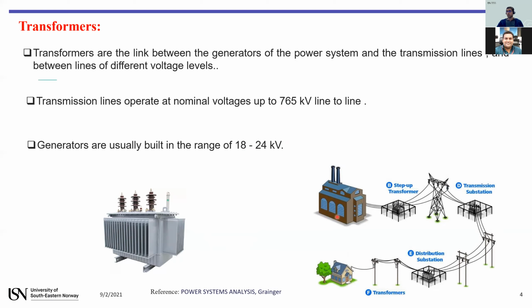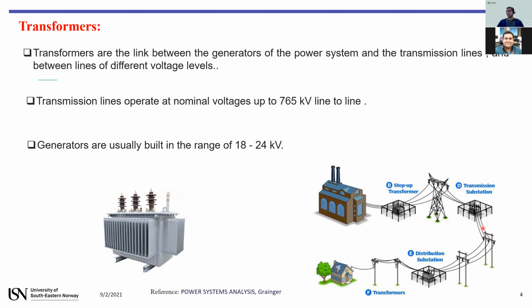Here it is a power plant, but the voltage is approximately 20 kilovolt, but we need to increase the voltage. We do it with a step up transformer. We increase the voltage and send it to the transmission line to have a higher voltage to decrease the loss in the transmission line.